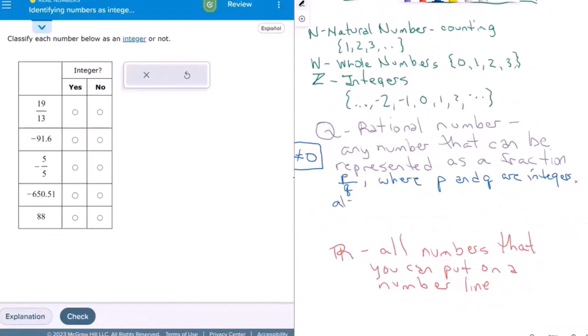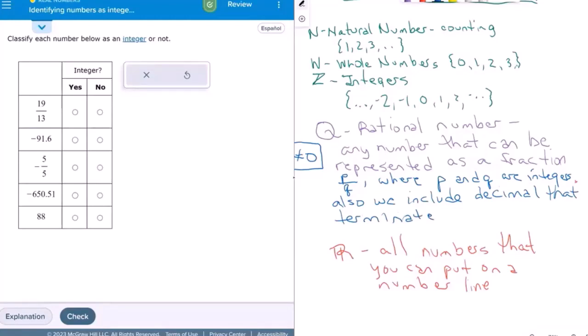Also, we include decimals, because decimals really can be expressed as fractions as well. So we include decimals that terminate. What does that mean? 0.5 is a terminating decimal.